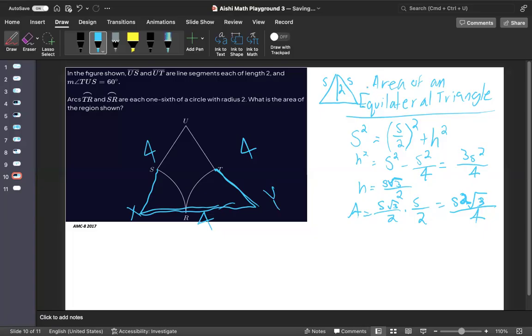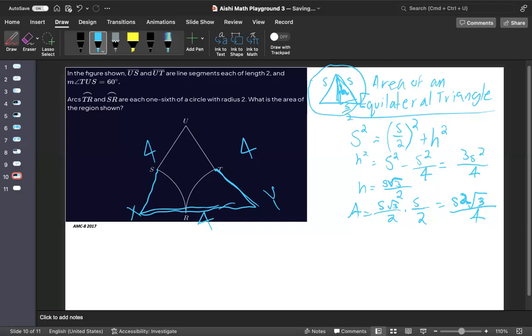So area of an equilateral triangle. We have an equilateral triangle right here with side S. Let's make a perpendicular line, which we can call H, height. Using the Pythagorean theorem, in each of these right triangles, we have S squared is equal to (S divided by 2) squared plus H squared, because one of these sides is S by 2.